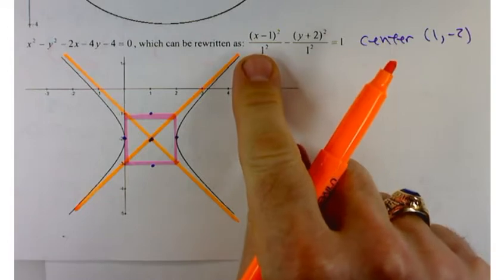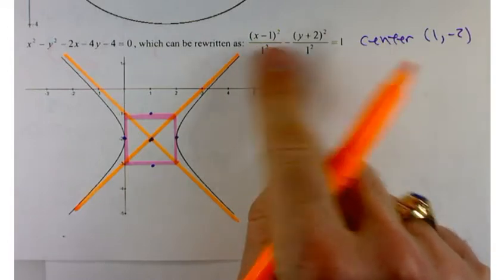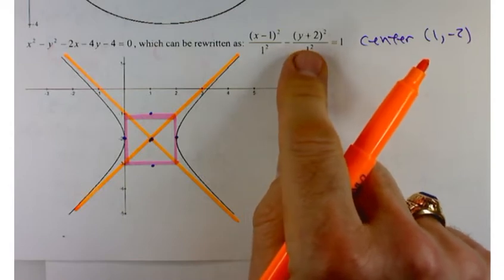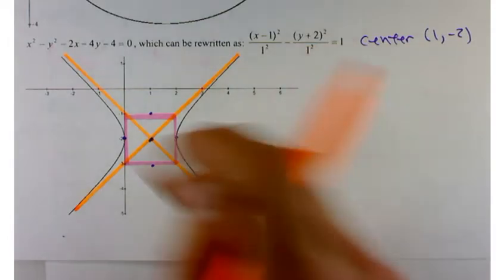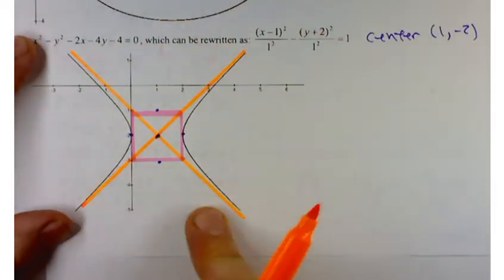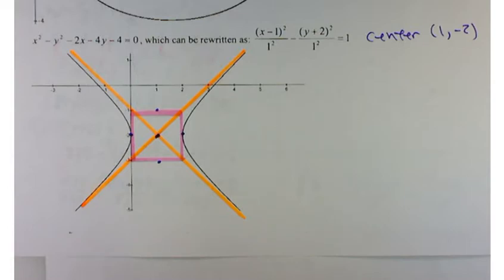If the x squared term is positive, it's going to open left and right. If the y squared term is positive, then it's going to open up and down. So if these were reversed, then I'd have something opening up and down as opposed to left and right. That's your graph.